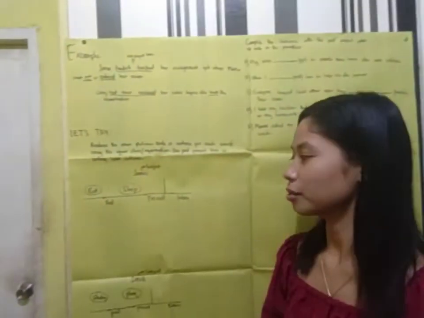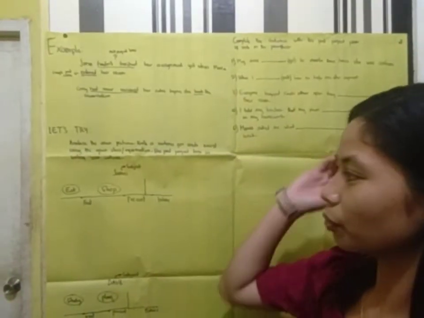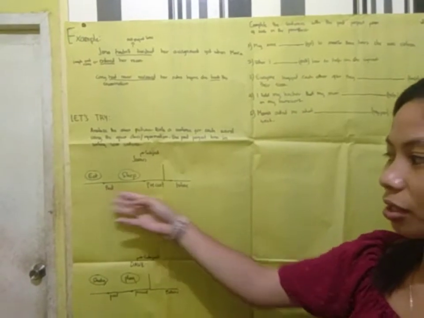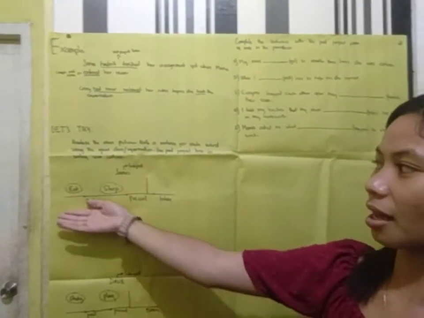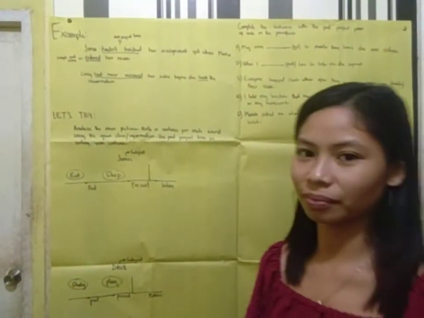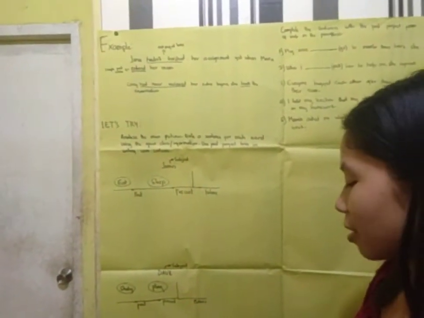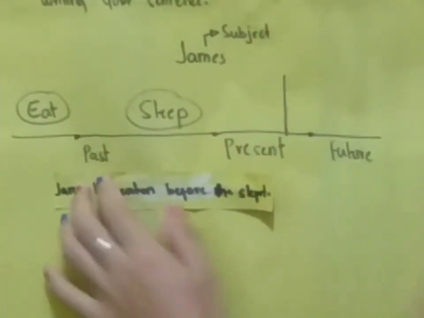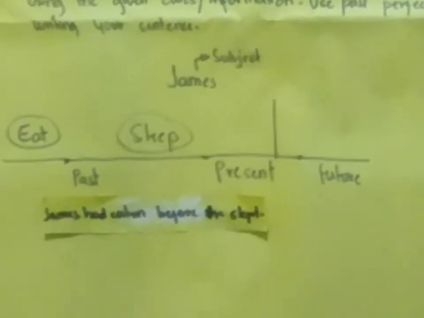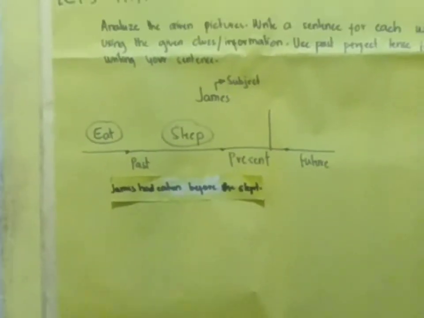Alright, so I think we have an answer. So what is the answer in clue number one? Very good. The answer in number one is: James had eaten before he slept.